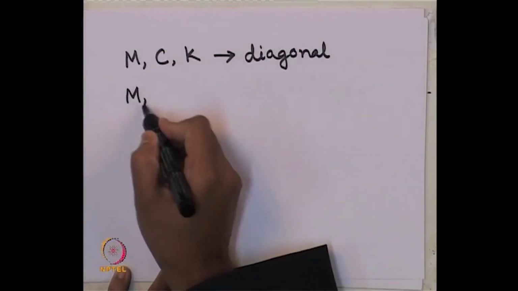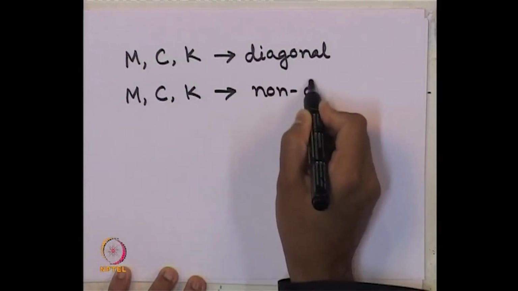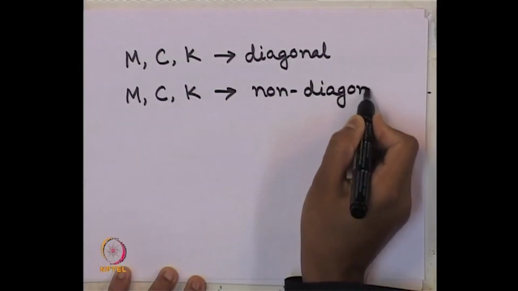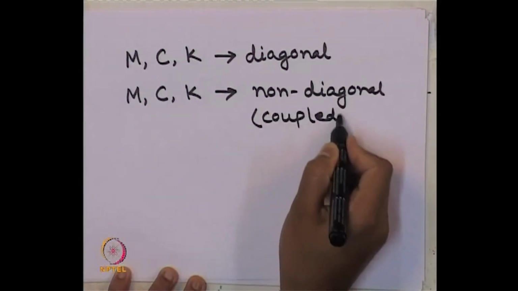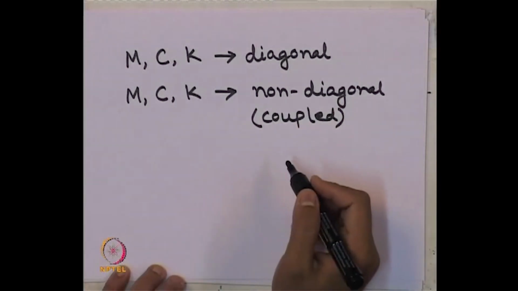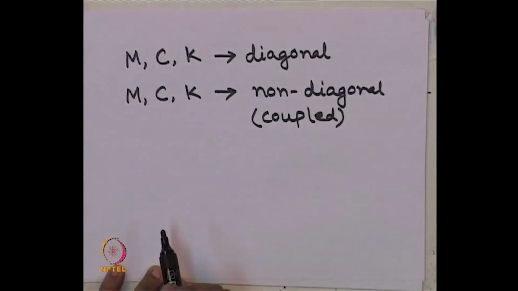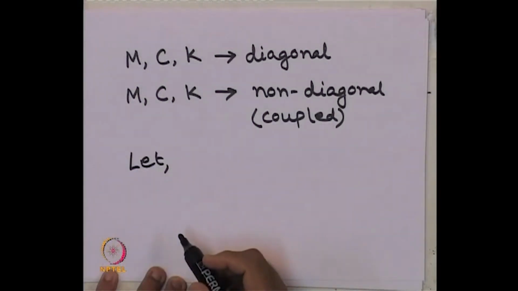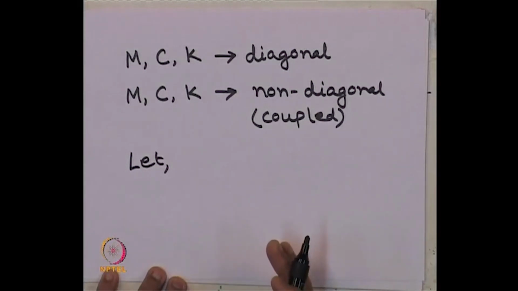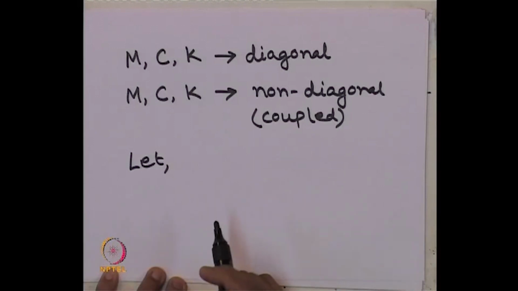But if M, C, K are non-diagonal, or in other words, if they are coupled, then it is not a natural coordinate system. In that case, we have to do something to transform from our assumed coordinate system to a natural coordinate system.